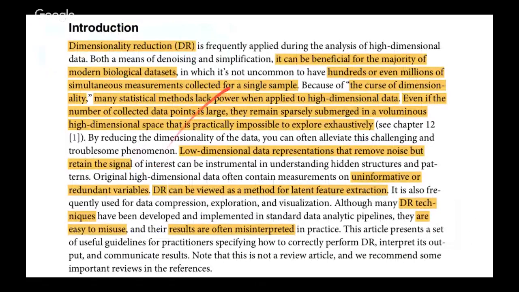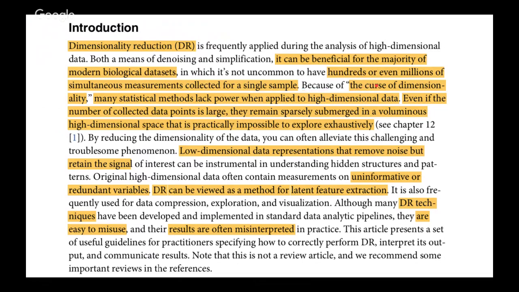And so the paper is about how to use dimensionality reduction, which is frequently applied during the analysis of high-dimensional data. For most of the things that happen in genomics or next-generation sequencing, omics in general, it can be beneficial for the majority of modern biological data sets. And it's not uncommon to have hundreds or even millions of simultaneous measurements collected from a single sample.